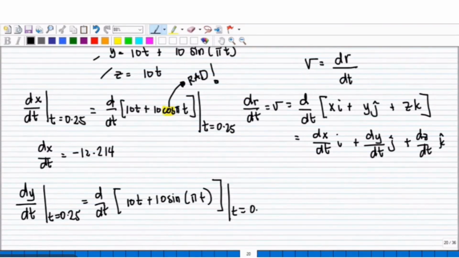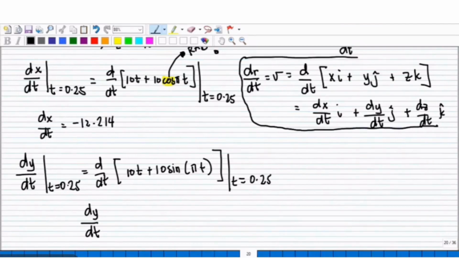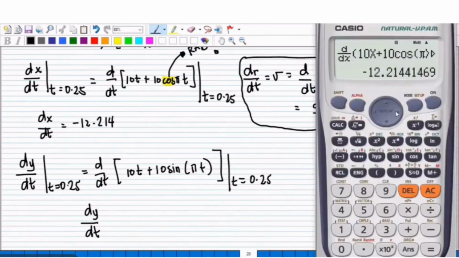When t equal to 0.25, what's your dy/dt now? Palitan lang natin ito ng sign. So, this is 32.214.